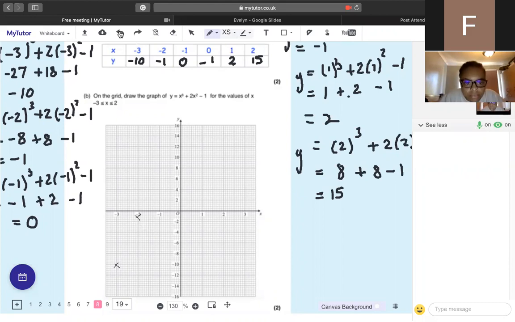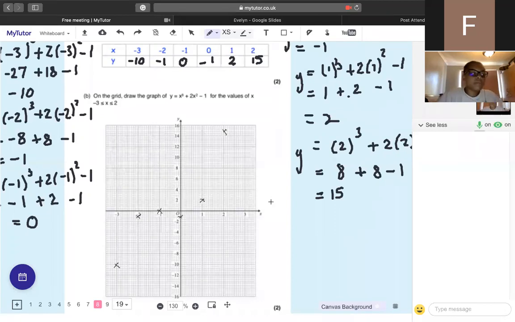Yep. And then we have minus 1, 0, which is over here. Then we have 0, minus 1, which would be over here. Then we have 1, 2, and 2, 15, which would be all the way up here.